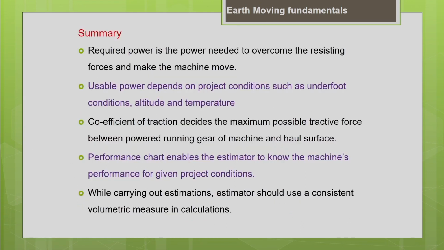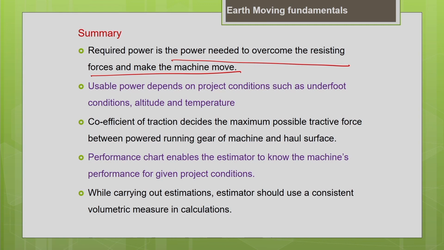So now we have come to the end of this lecture. Let me try to summarize what we have discussed so far. You should know that the required power is the power needed to overcome the resisting forces in your project site and make the machine move. It depends upon the resisting forces in your haul route: the surface resistance, penetration resistance, and grade resistance, all of which you have to take into account.